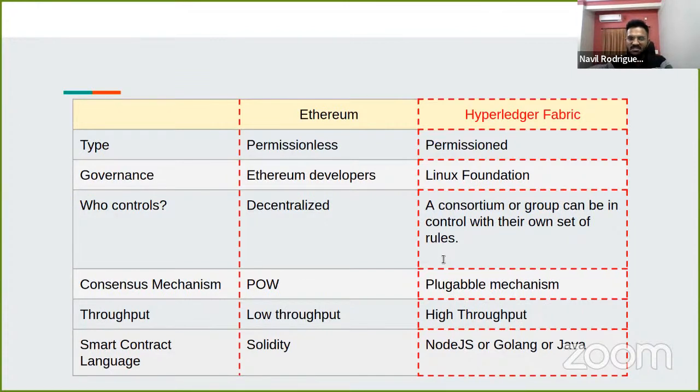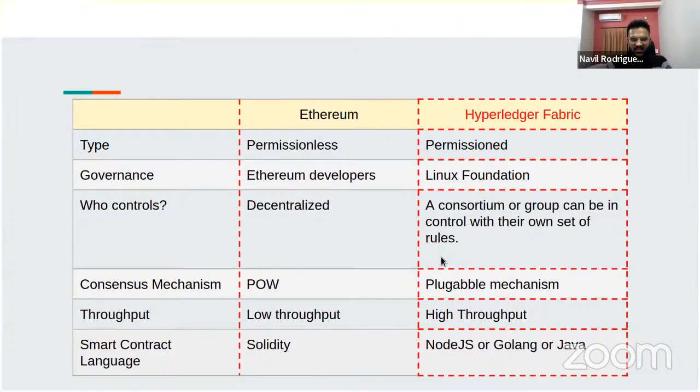They do this because they earn native coins after mining a block on that network. Whereas there is no such concept in a permissioned blockchain. The identities that participate in the network are already authorized by the membership service provider, and they are the only ones which are allowed into the network.